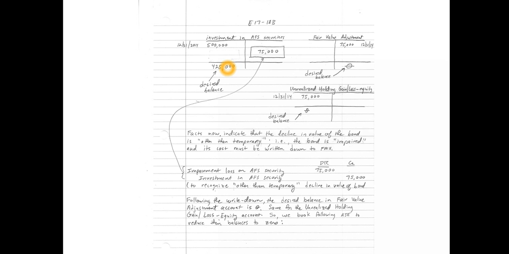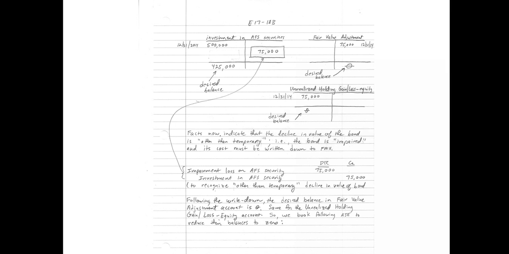So if we were to stop right now and prepare no adjustment to the fair value adjustment account, we would have a $425,000 debit offset against a $75,000 credit. So the net of that would be $350,000. We clearly do not want to show this investment on the balance sheet at $350,000, because that's not the fair value of the investment. The fair value of the investment is $425,000.